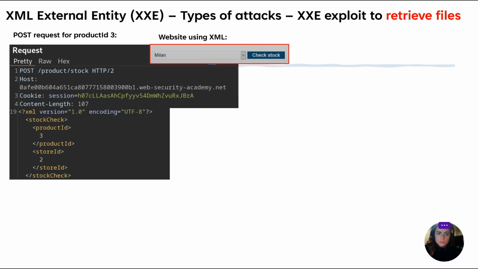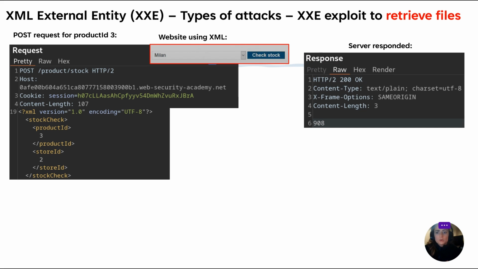For example, we use London in this case, and a different city to check stock. We send a POST request to the server, the product stock request, and the server responds with the units. Currently they have 908 units from this city for the particular item that we're querying.